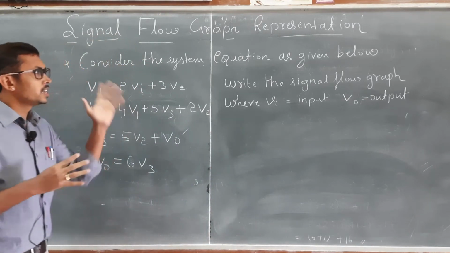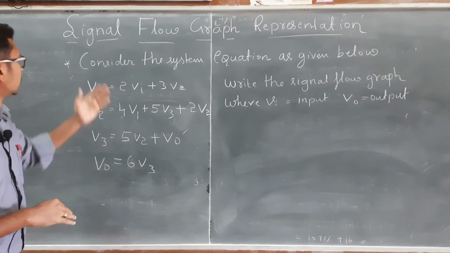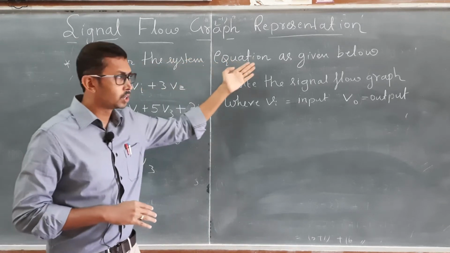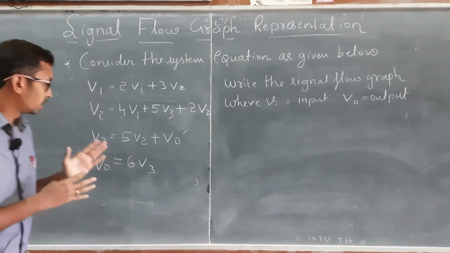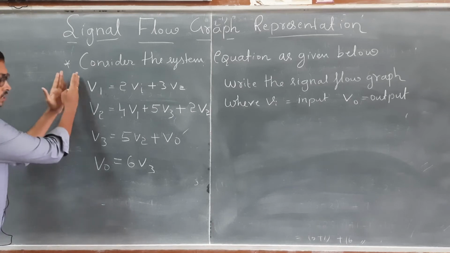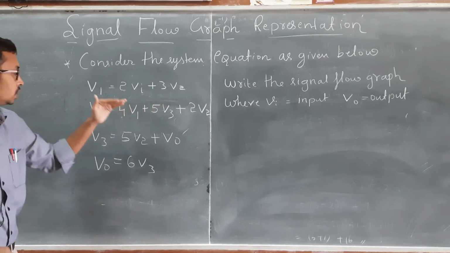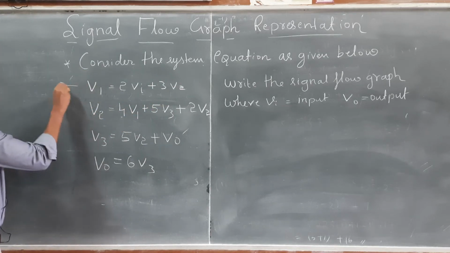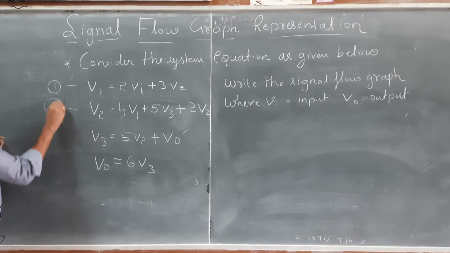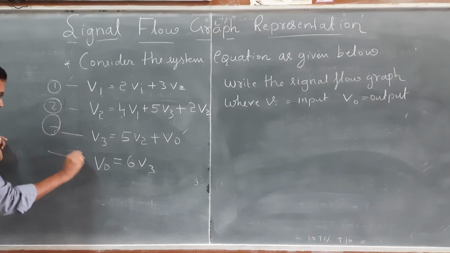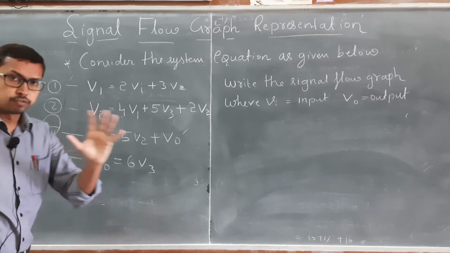Okay? So now here one question has been given. Consider the system equations as given below. The system equations have been given over here, that is V1 is equal to 2Vi plus 3V2. Like this, we have a set of 4 equations: 1, 2, 3 and 4. There are totally 4 equations.